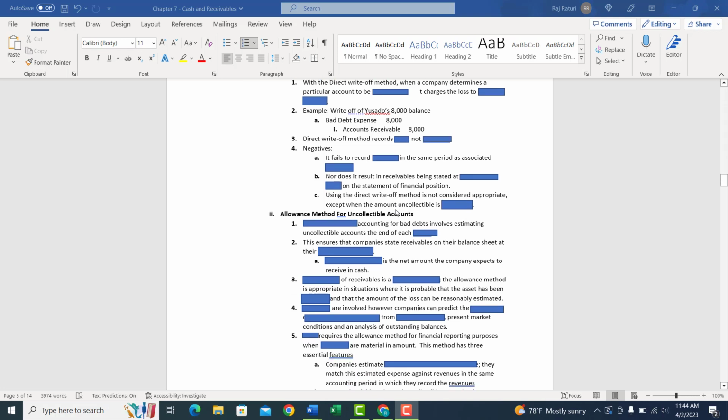Using the direct write-off method is not considered appropriate except when the amount uncollectible is, I guess what they mean is factual, when the amount of the uncollectible is known. Basically, the direct write-off method is facts. You have to know it.